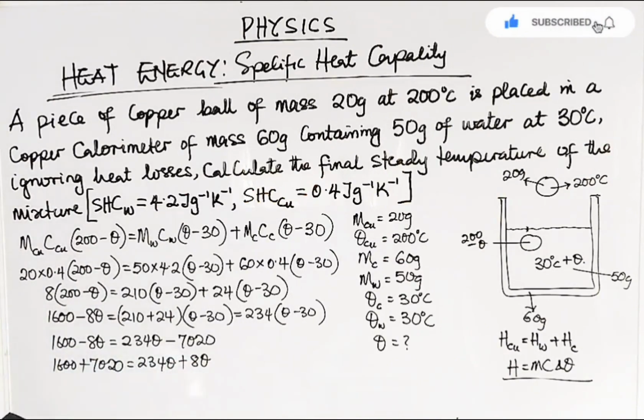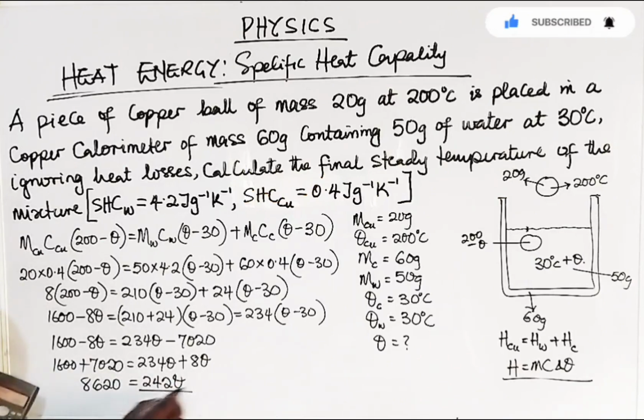Adding 7020 and 1600 on the left-hand side, we have 8620, which equals 234 plus 8, that is 242 theta.